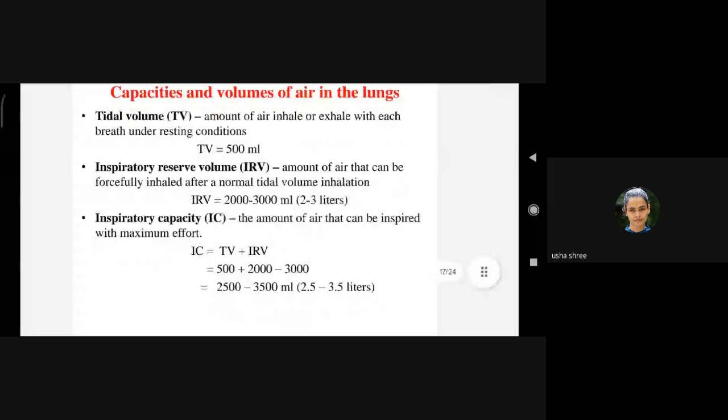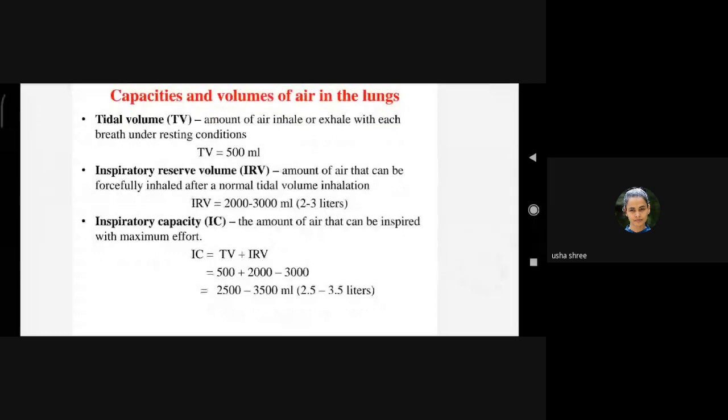Still not clear. Sometimes we are able to hear it without any obstruction. My network is too bad today. That is why I'm here on the rooftop of my home. Still, it's breaking. Just repeat inspiratory reserve volume.